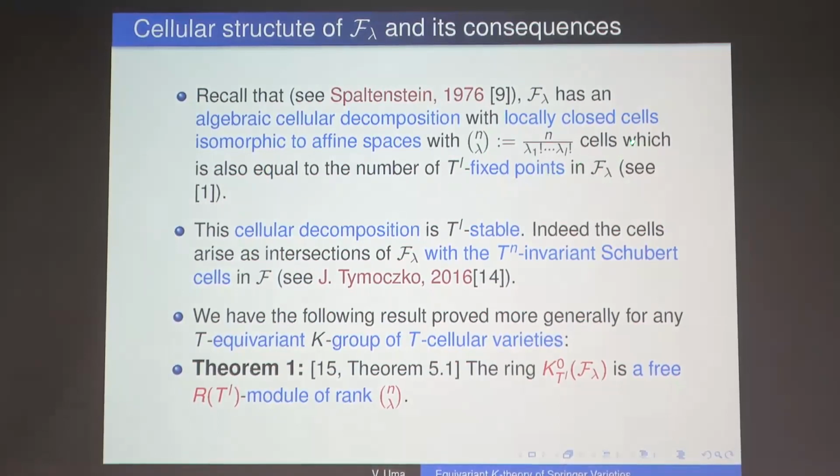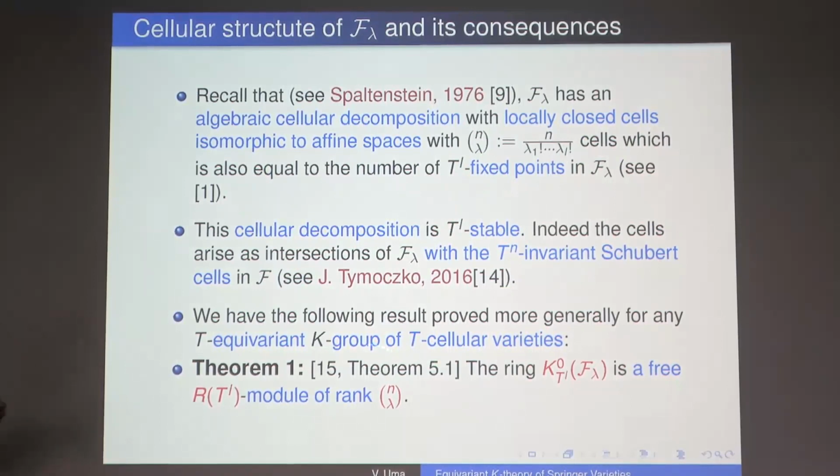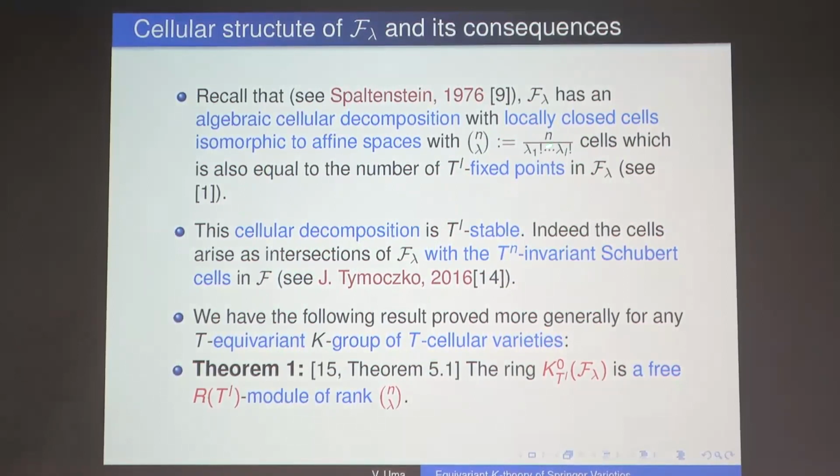These correspond to the fixed points. This cellular decomposition is also TL stable. That was again in Spaltenstein's result. Also, we can wonder about the cells, because the flag variety has a cell decomposition given by the Schubert cells, and how they relate to this cellular decomposition.